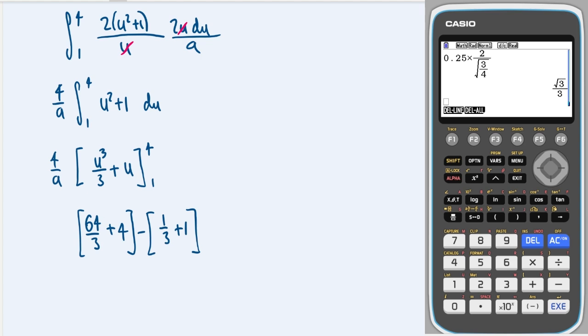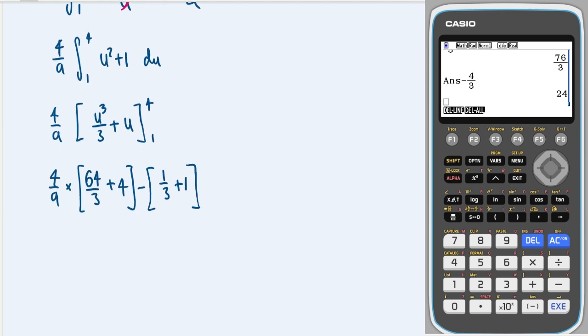Okay, I'm just going to do that on my calculator. So 64 over 3 plus 4 minus 1/3 plus 1 is 4 over 3. So that gives me 24. And of course I've got to times it by 4 over a. So this is going to give me 4 times 24 is 96. So 96 over a. And we are done.